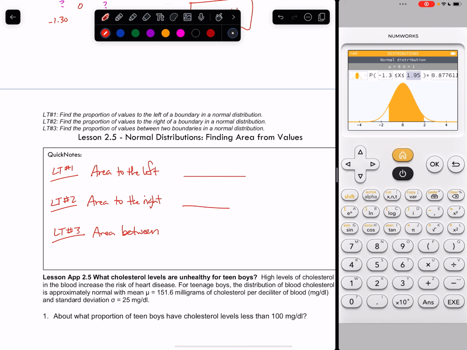So if we think about this in terms of our normal graphs, I'm actually going to lower these down a little bit here. Give ourselves some more space. So we're going to have 3 normal graphs. You can just do this once and copy and paste it if you want.